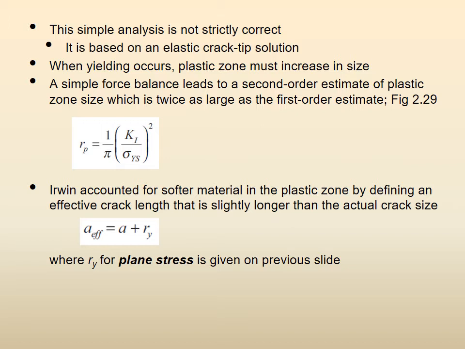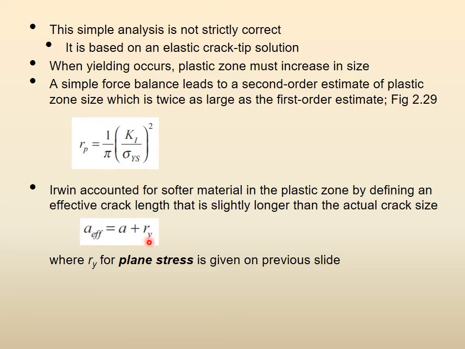And here he is saying to improve your method by replacing the original crack length by an effective crack length, which is a plus Ry, right? So in your equations, instead of a, which is the actual crack size, you add this plasticity region and use this effective crack size, right?